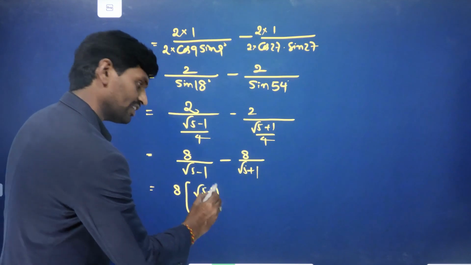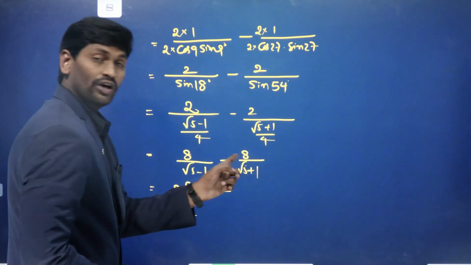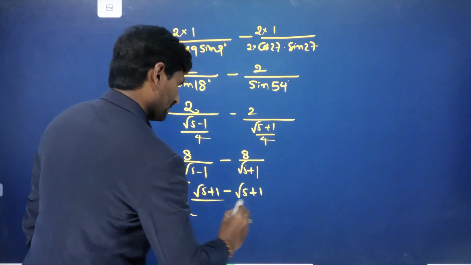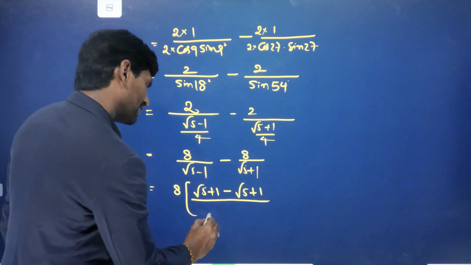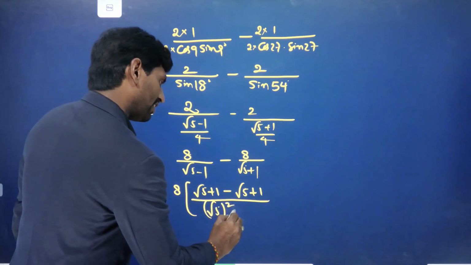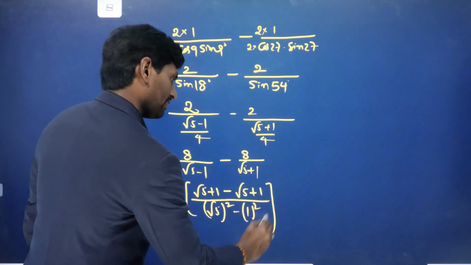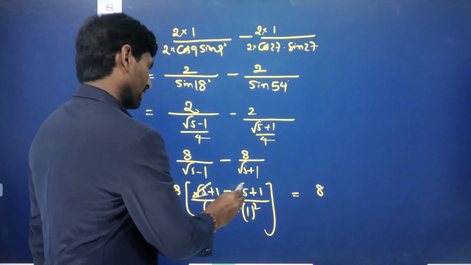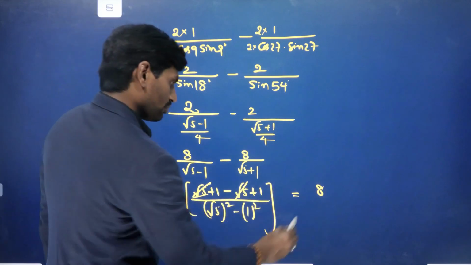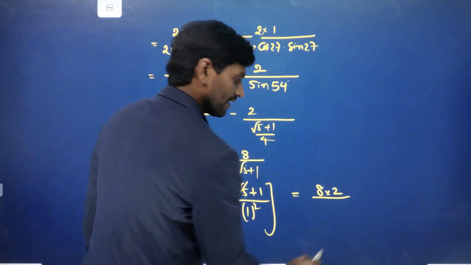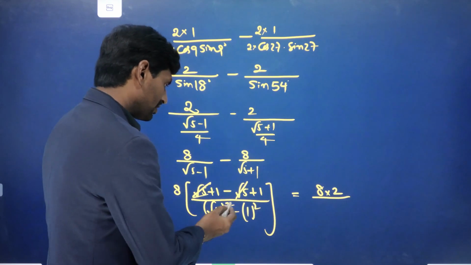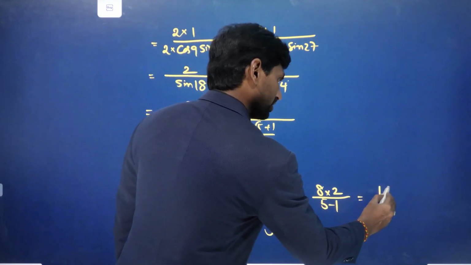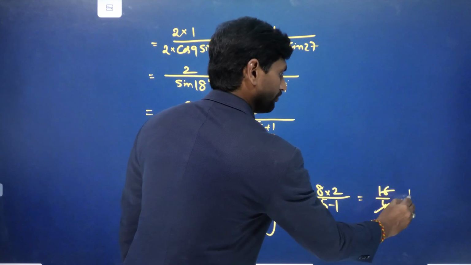Root 5 plus 1 minus 1 into root 5 minus 1 gives root 5 plus 1, divided by a plus b into a minus b, the formula a square minus b square. That is equal to 8 into root 5 minus root 5 cancels, 1 plus 1 is 2. So 8 into 2 by the a square minus b square formula, the square root cancels and 5 remains. 5 minus 1 is 4. 8 2s are 16. 16 by 4, which is 4.